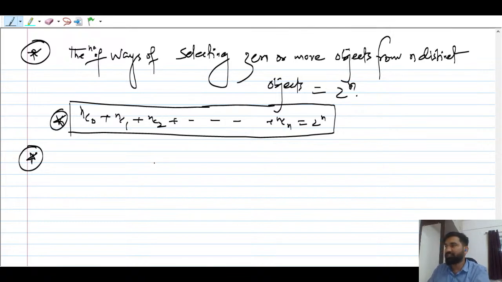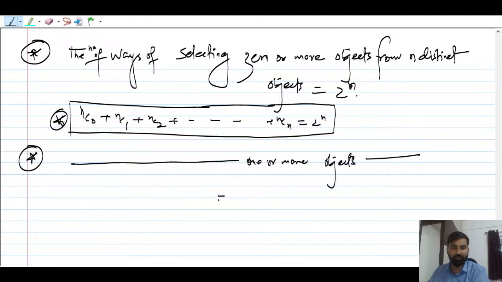Now the number of ways of selecting one or more objects from n distinct objects. ठीक है. See, I'm not including 0 now. If I'm not including 0, what will be the answer? First you count over count, right?